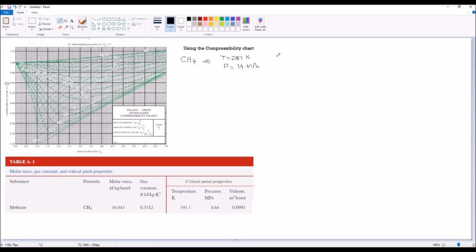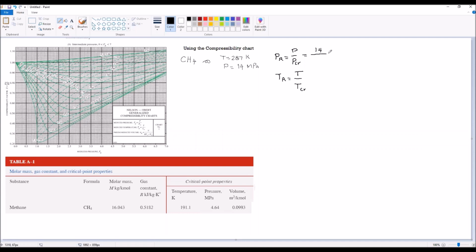So looking at the compressibility chart, we have to determine the reduced pressure, which is defined as given pressure over the critical pressure. And also we need to determine the reduced temperature, which is given temperature over critical temperature. The given pressure is 14 megapascals.